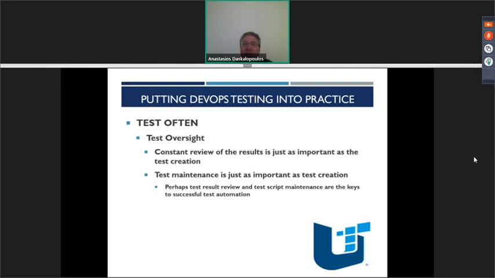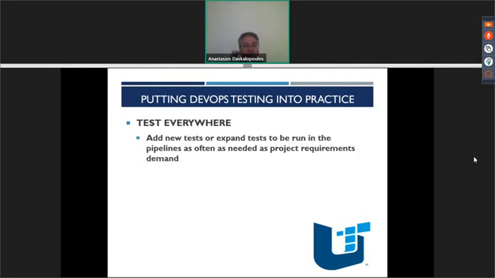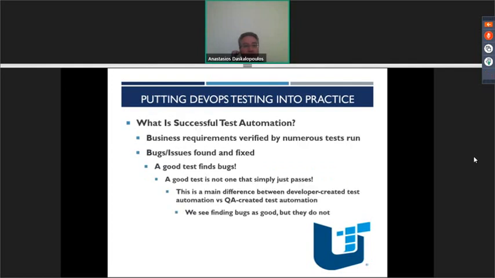You have to really maintain your tests, change them as the system's changing, make sure that they find what they're supposed to find. In other words, that their assertions and validations really catch what they're looking for. And review, just constantly review.